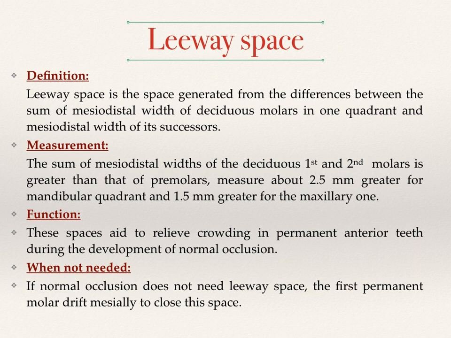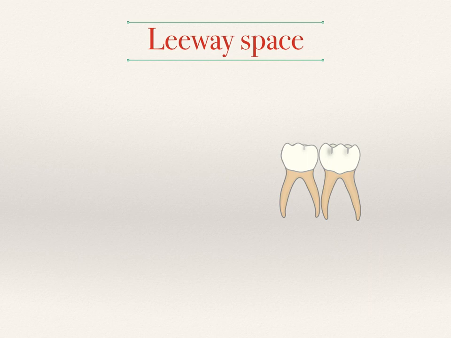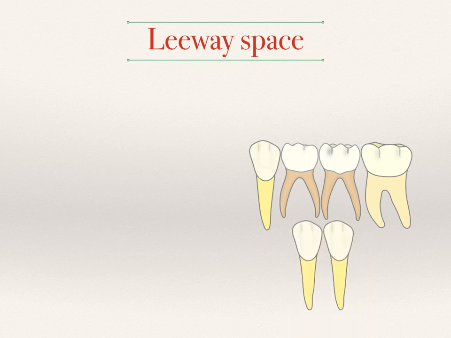Now we will see this with pictures. These are the two deciduous mandibular molars, and the first permanent molar and permanent canine, and this is the mandibular premolars.